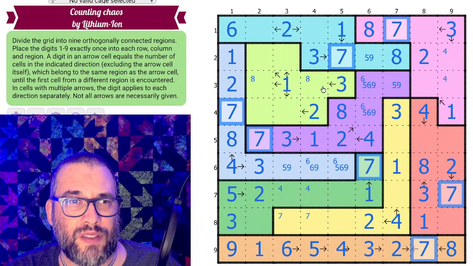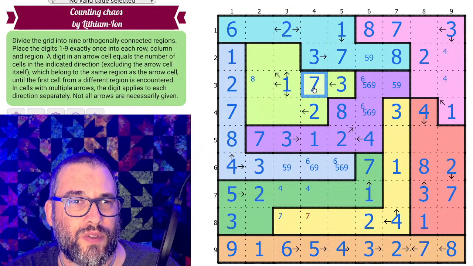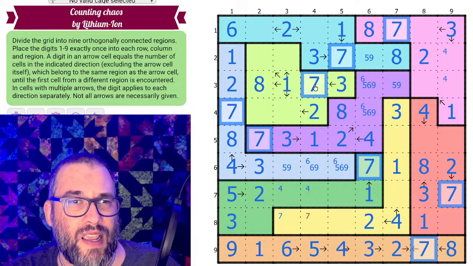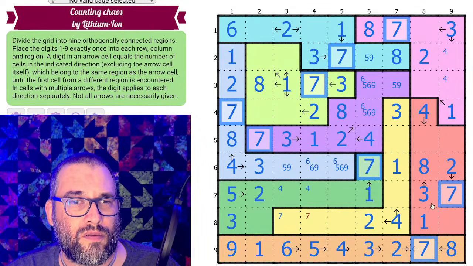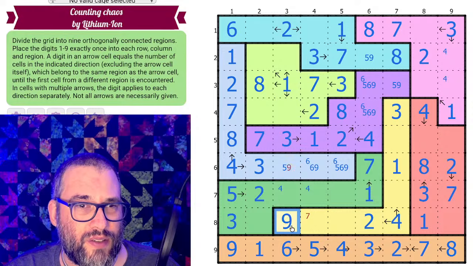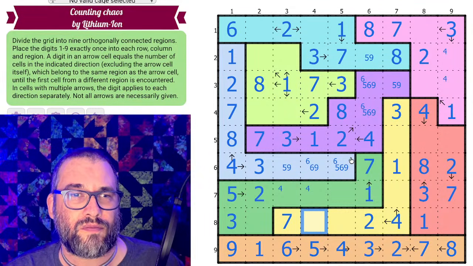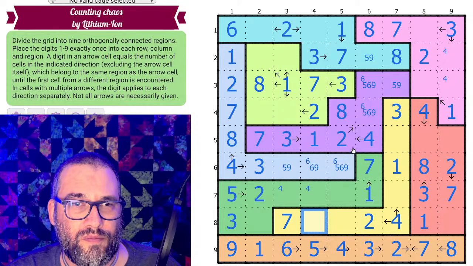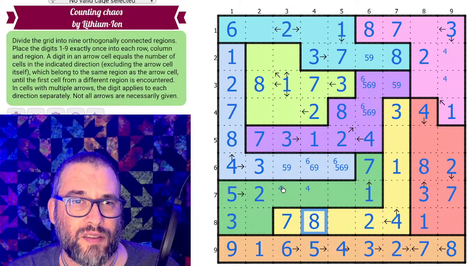Finish the 7s. 7 in row 3 goes here. So that's an 8. And our last 7 is there. Now 8 in yellow is there.